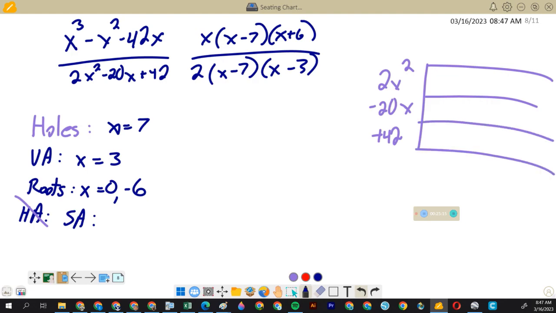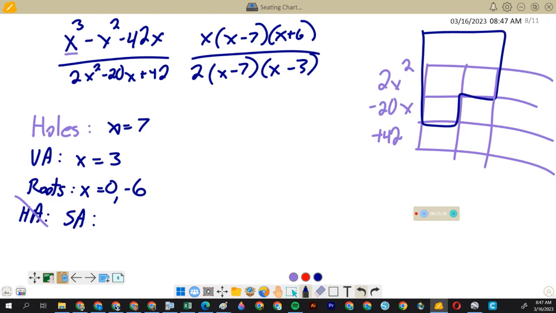And then I'm going to do division. The nice thing about the division is all you need is this. You don't need to go any further than that, because all of the other stuff will build a remainder, and the remainder doesn't matter for a slanted asymptote.